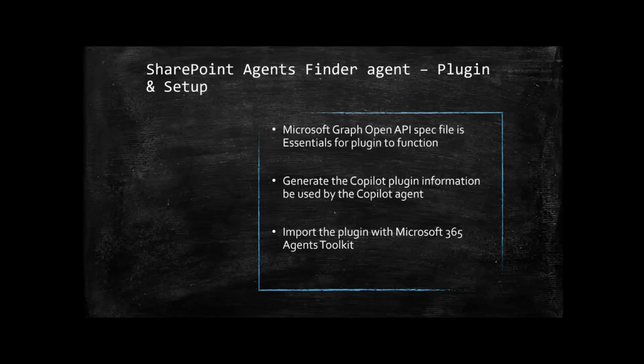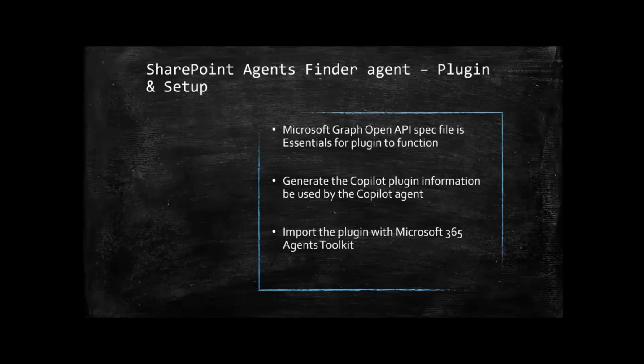After that, from this OpenAPI specification file, we should generate the Copilot plugin. In order to do that, there is an awesome VS Code extension. Maybe many of you have heard about it. It is the Kiota tool or VS Code extension, and it will help us to generate the Copilot plugin information.